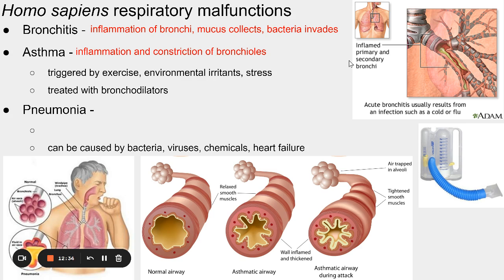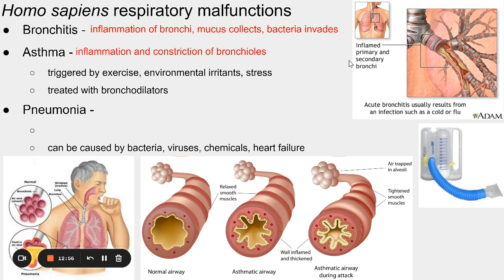Sometimes, for some reason, people have asthma, and the wall of those bronchi can be inflamed and thickened. You see that in the second picture. And so obviously it's more difficult to get air through this tube into the alveoli.